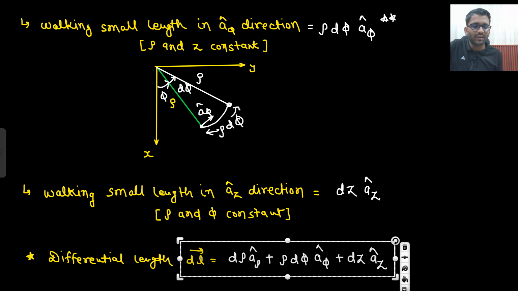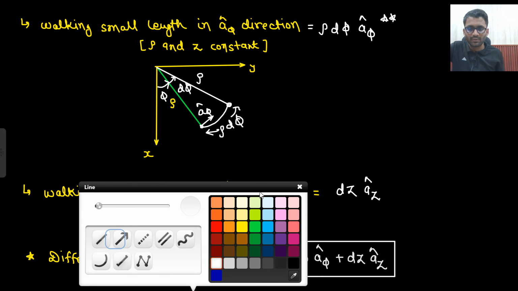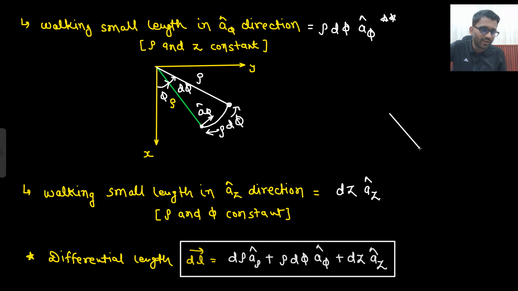So how will you remember? D rho d phi dz. Again I will show. How will you remember? D rho, d phi, and dz is coming towards you. Outward it is, but I need to show like this. It is actually coming towards you, and this is your dz.